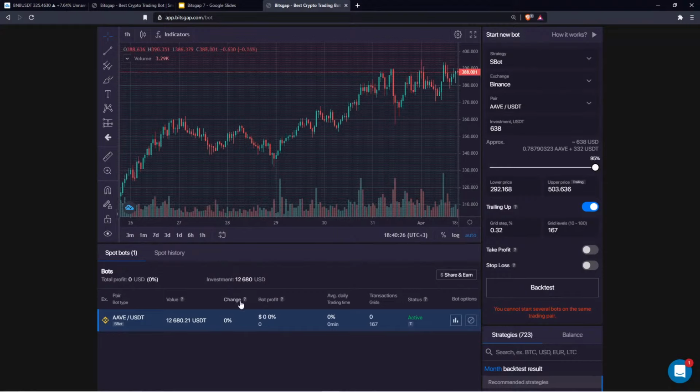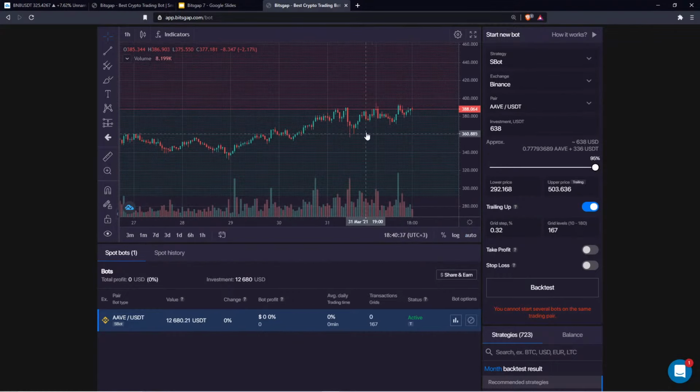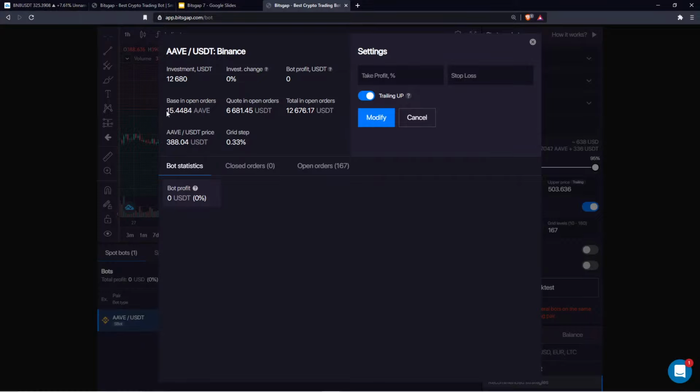The investment change is the key metric here, because it takes into account the bot profit, and it also takes into account how the value of the base currency, which is AVA in this case, has appreciated or depreciated by today. So we click here, you see that we are exposed to the value change of 15.4 AVA.